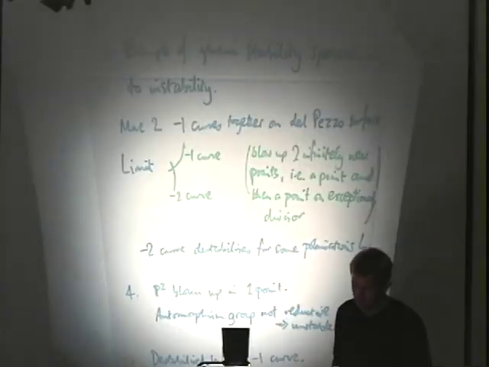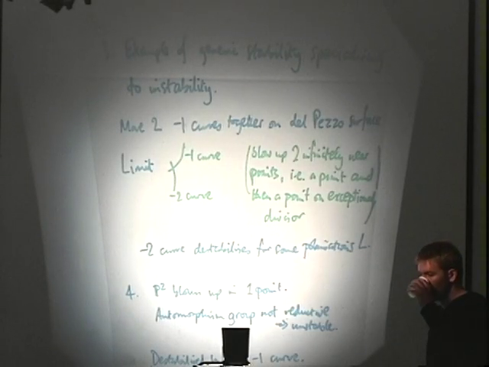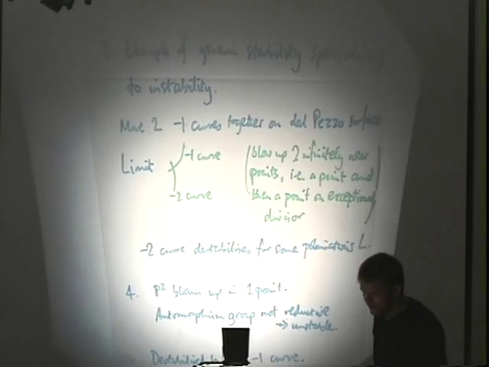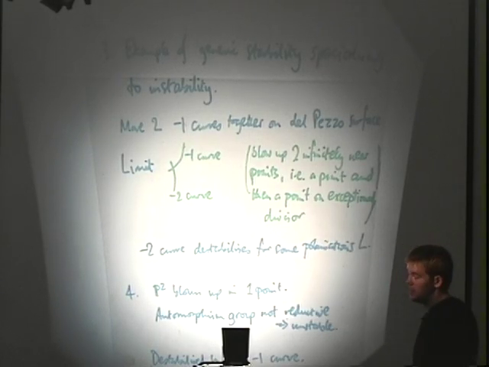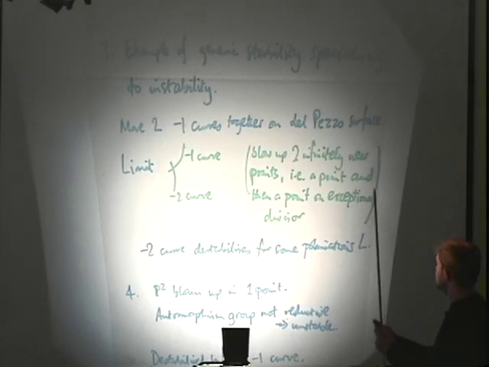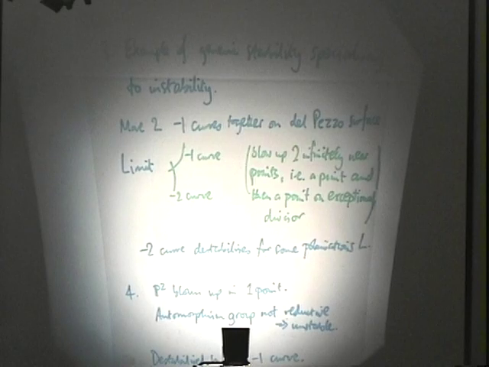Some more examples. What you might expect of stability is that it's some generic property. So you can have a family of varieties, most of which are stable, and then some special varieties unstable. So a good example of that is the following. If you take two -1 curves on a del Pezzo surface, let me draw it.